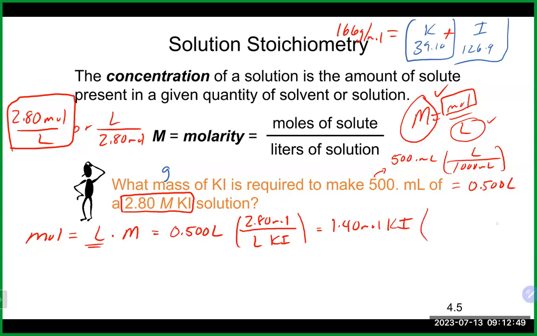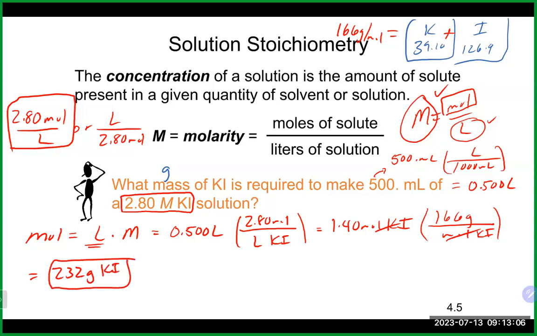And we will then use that to get to grams, 166 grams per mole. The moles will cancel, and that's going to get us about 232 grams of KI is needed.